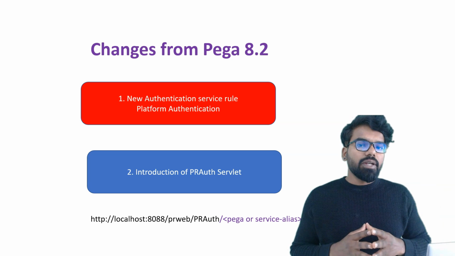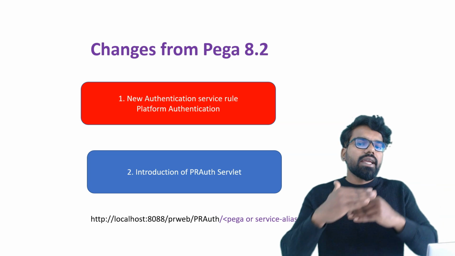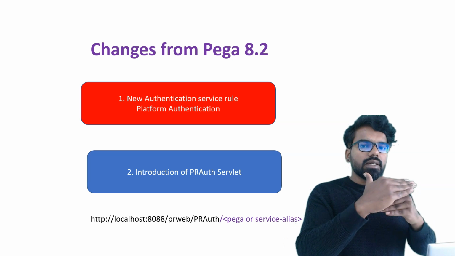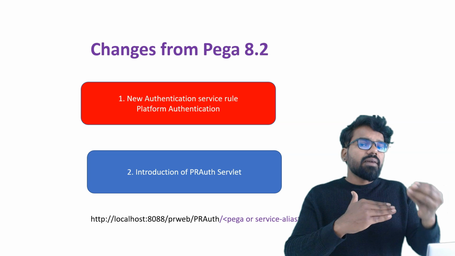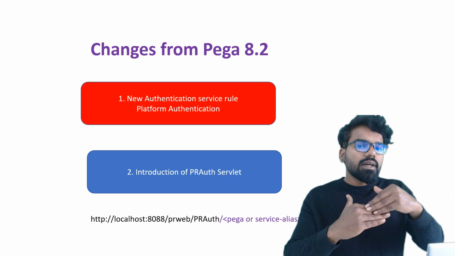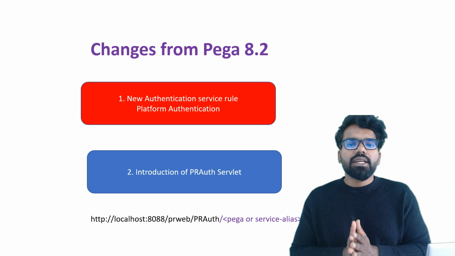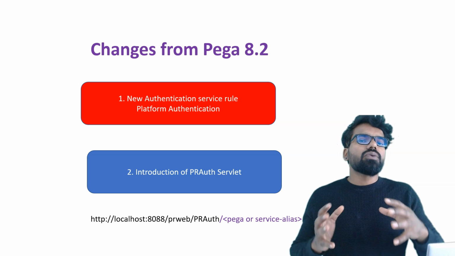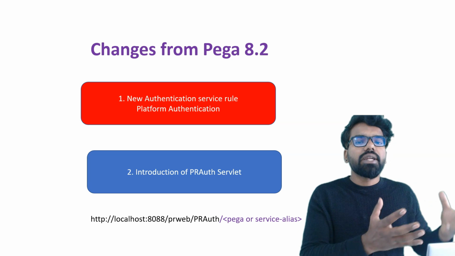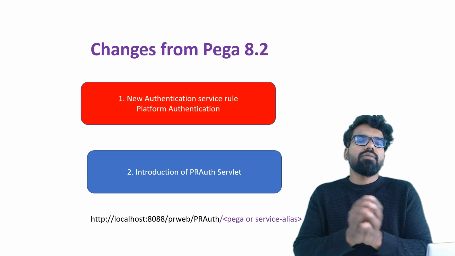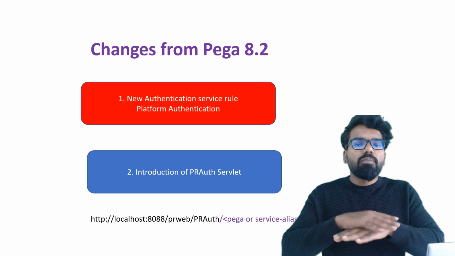Now, after 8.2, Pega already defined in the web.xml a reference or a servlet of PR auth. So whatever authentication service that extends this PR auth is already defined into the web.xml. So when you create a new authentication service, it is not necessary to update the web.xml every time and restart the server. Instead, you can just go ahead and create everything in Pega, and everything will work out of the box easily.